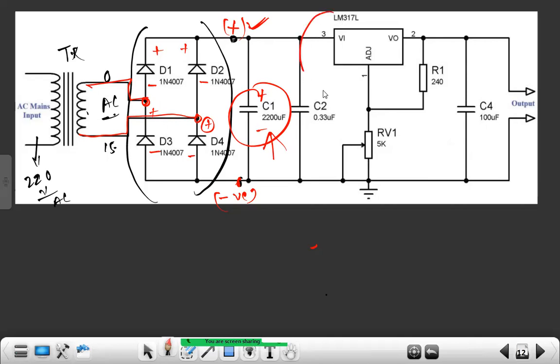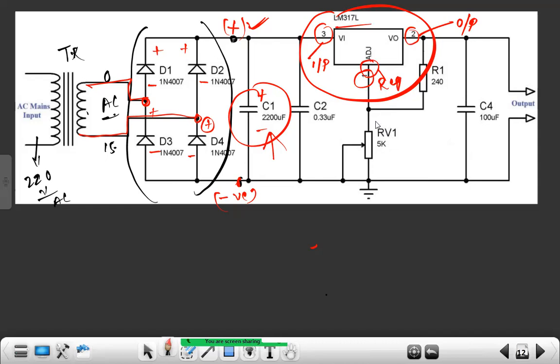Here we are using the LM317. It has 3 pins: pin number 1, pin number 2 and pin number 3. Pin number 3 is meant for input voltage, pin number 2 for output voltage, and pin number 1 for the ground or virtual ground, the regulation or adjustment pin.